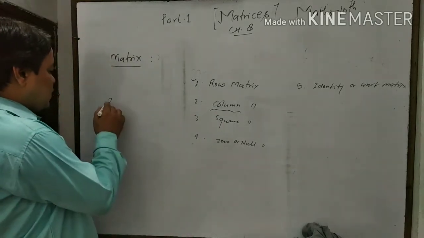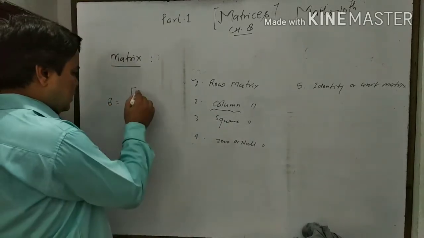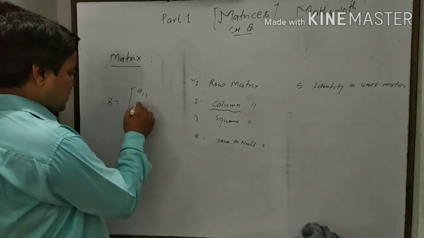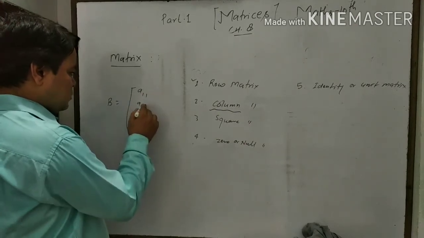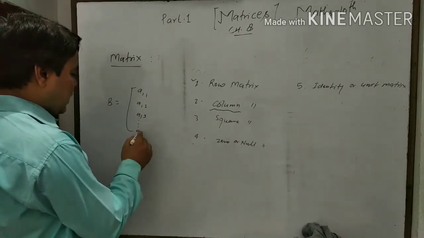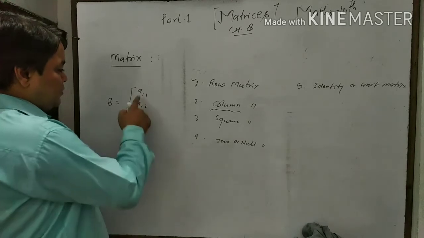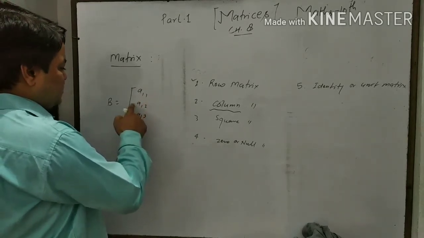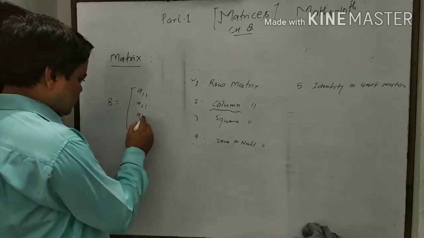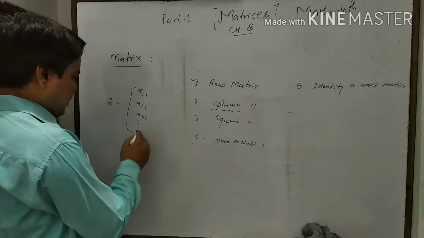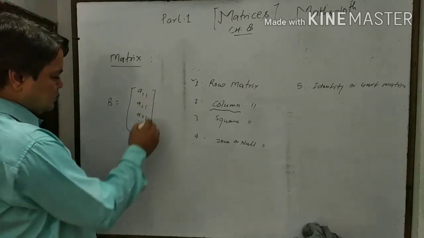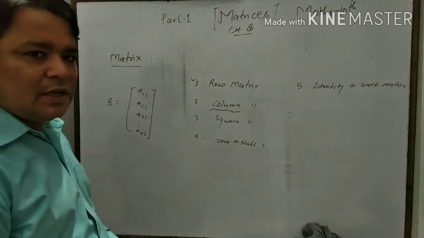In standard form, how do we write this column matrix? Here first row, first column, second row, first column, third row, first column, like this, up to the nth row and first column.